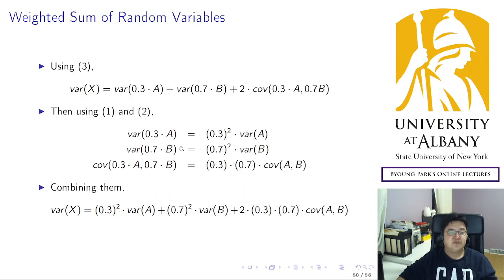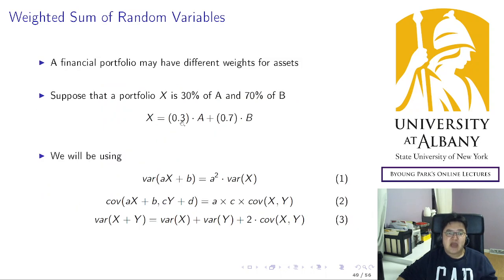Let's go. First, using formula 3, the variance of X can be written as follows. X is something plus something.